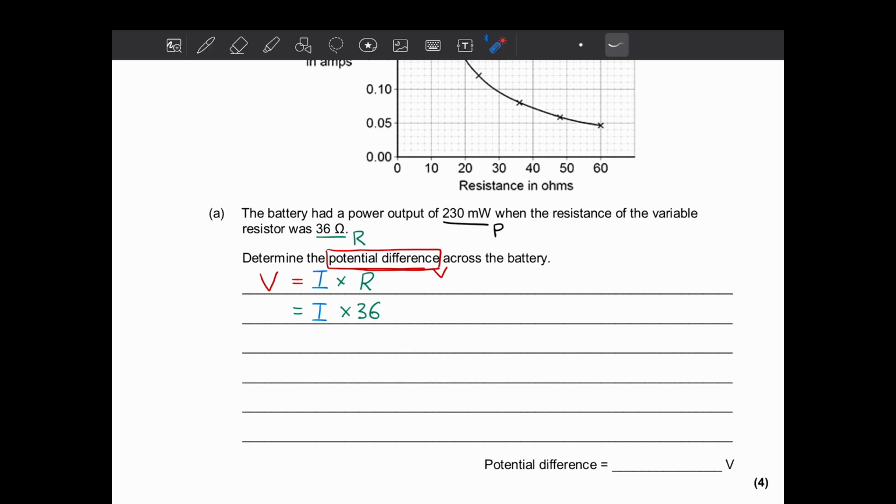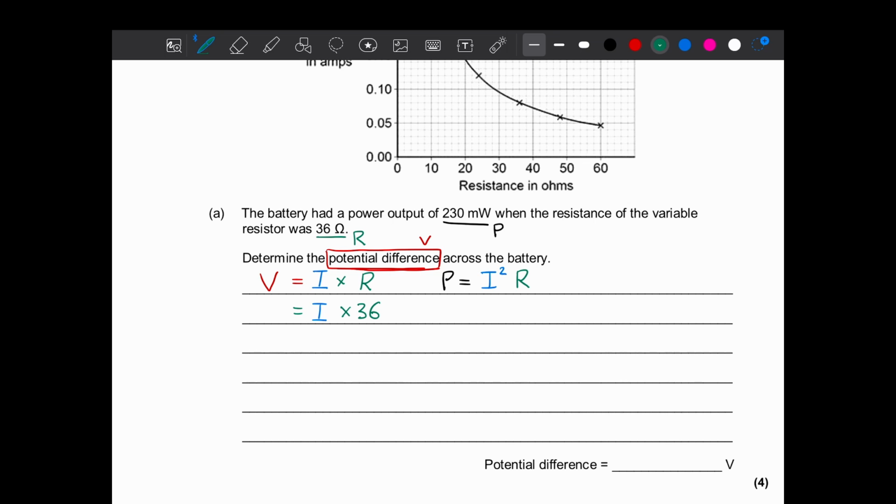It then stands to reason that since I want potential difference, I need to look for a way to find I. And the way to do that is to use another of those equations from the equation sheet, and that's going to be power, P, is equal to I squared R.